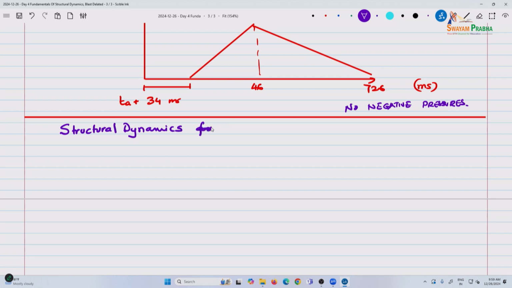That's why I call it fundamentals, to understand response to blast loading.